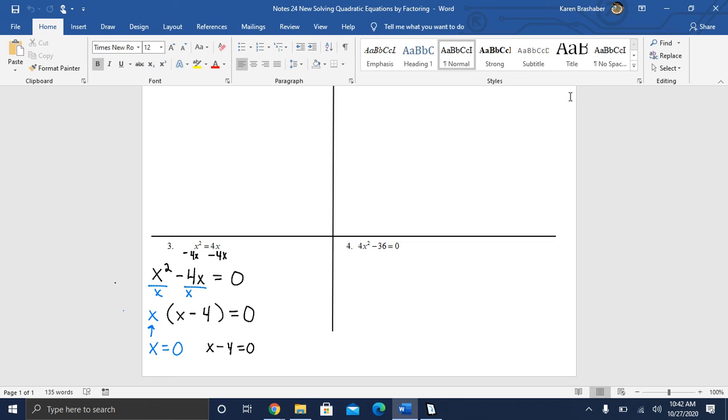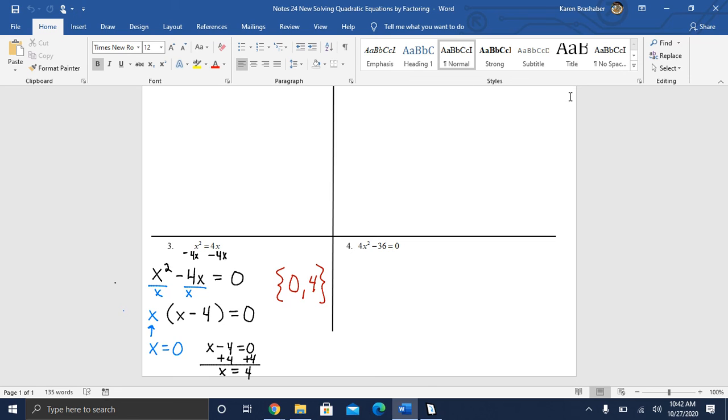There is something left to do here. I can add 4 to both sides of the equal sign and get x equals 4. So this does have two answers, and they are 0 and 4. So I had a greatest common factor that I divided out so that I found my two answers.